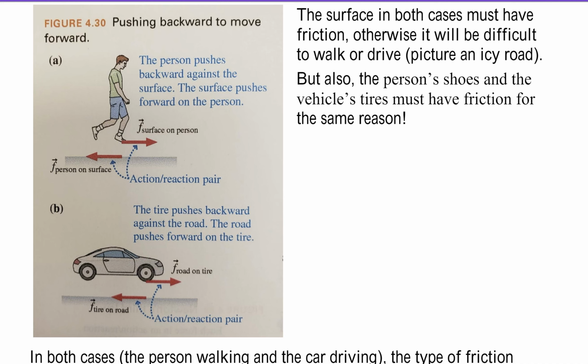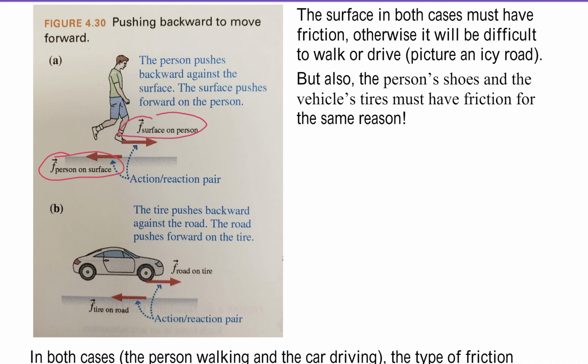So like just walking on the carpet or whatever, you're pushing backward on the carpet in order to propel yourself forward. So that is an action-reaction pair. You have the force of the surface on the person, and you have the force of the person on the surface. That is your action-reaction pair there, and that is what is allowing you to propel forward.